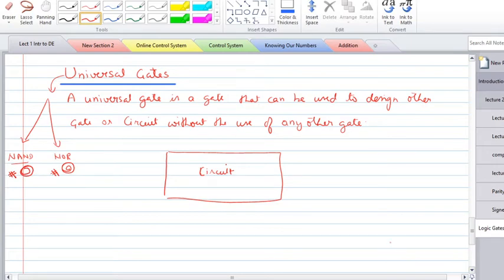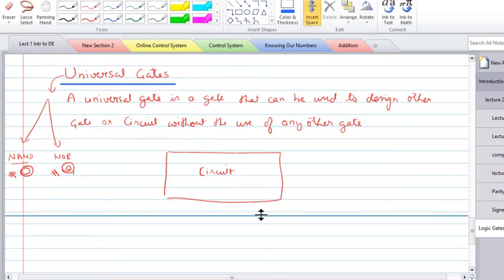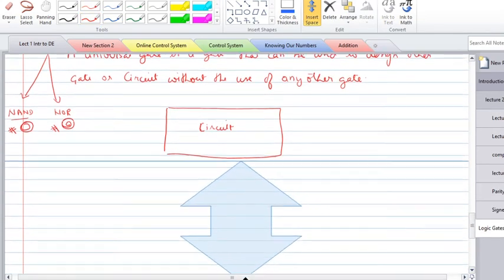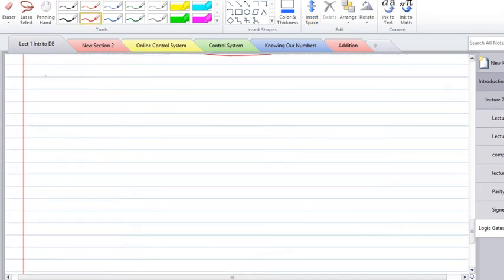Now see the NAND gate first. NAND gate is also known as NOT of AND because it gives the inverted output of an AND gate.